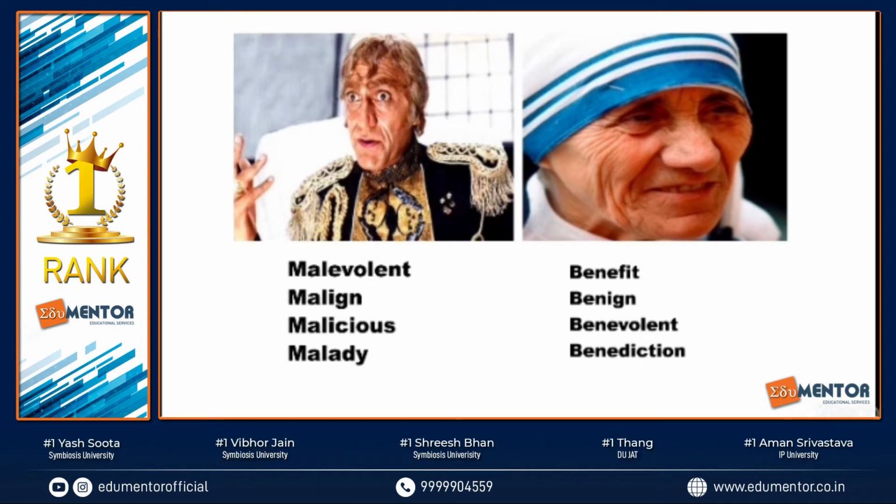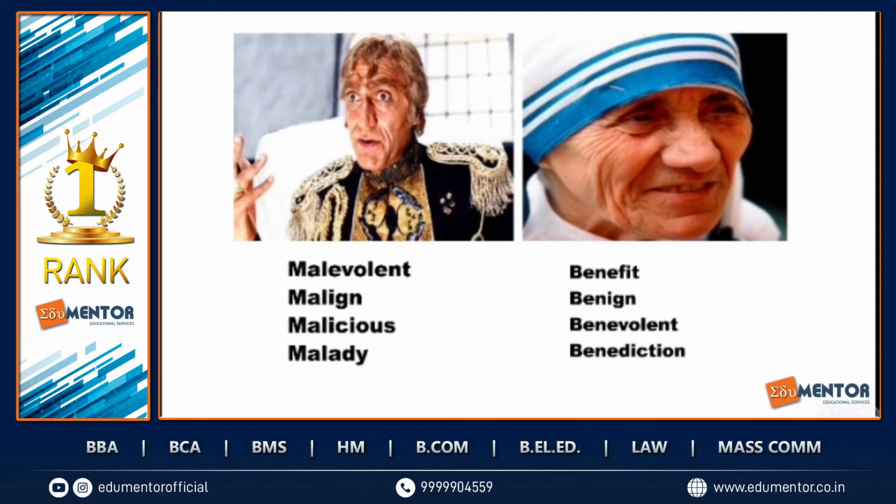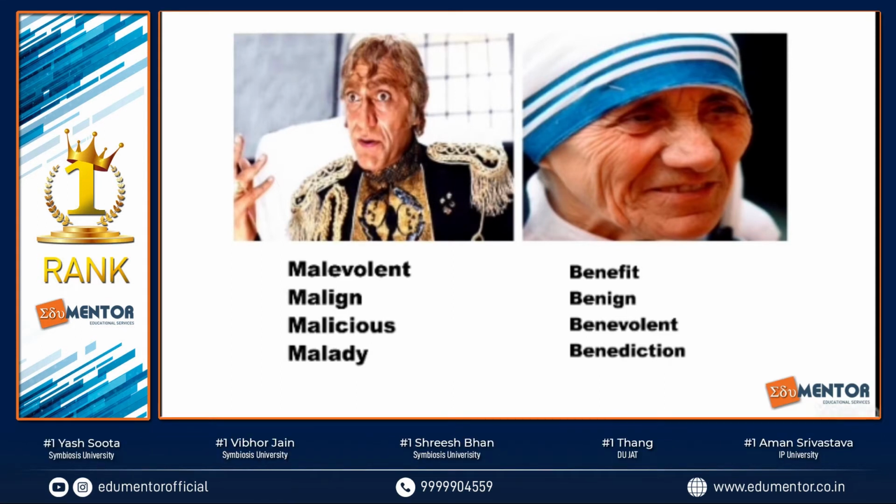Now focus carefully on the next slide. Yes. So we have over here, right below the image of Mogambo, malevolent, malign, malicious, malady. Right below the image of Mother Teresa, we have benefit, benign, and benevolent.